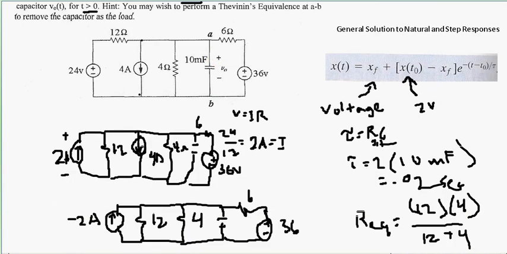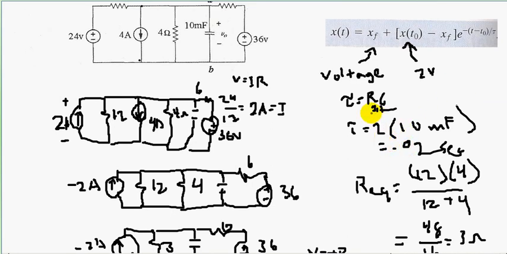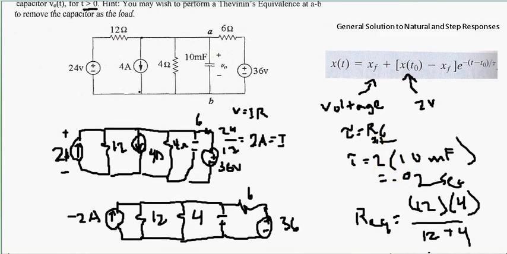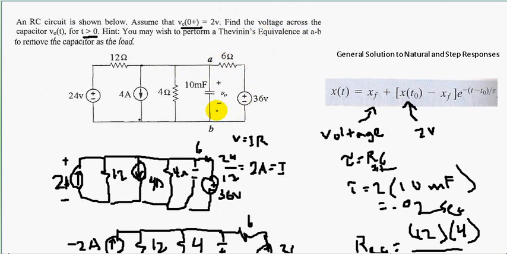Now, we could have found this R Thevenin for tau easily, because we have independent sources. To do this, we take all independent sources and zero them out. We zero voltage sources by shorting, zero current sources by opening, and then we just find the equivalent resistance across A and B. Don't forget to remove our load.